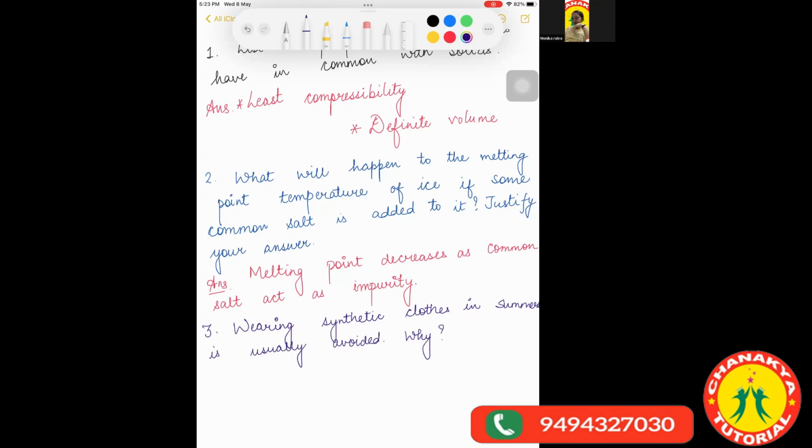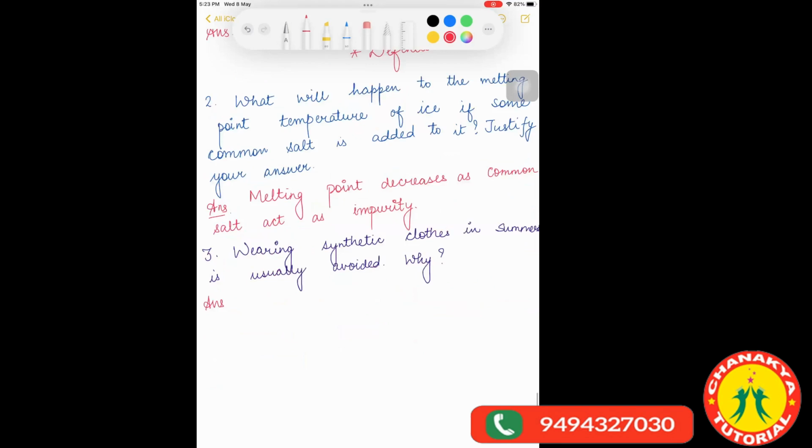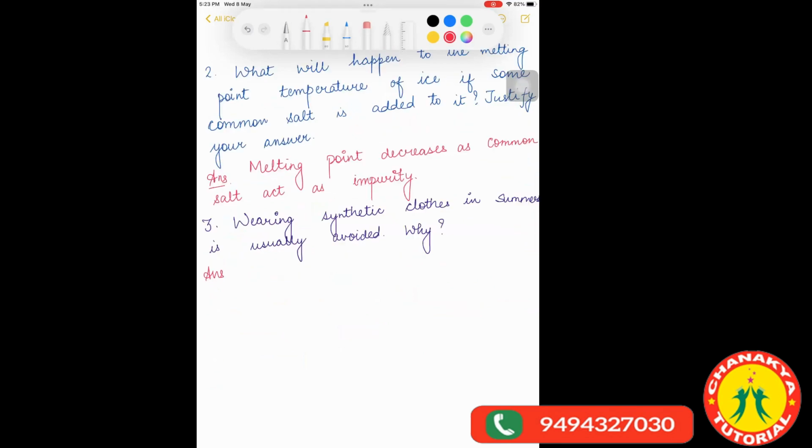Harshit. Because synthetic clothes increase the temperature, by which we sweat more. Anyone else would like to try? Sampath. Ma'am, because they can't absorb the sweat.